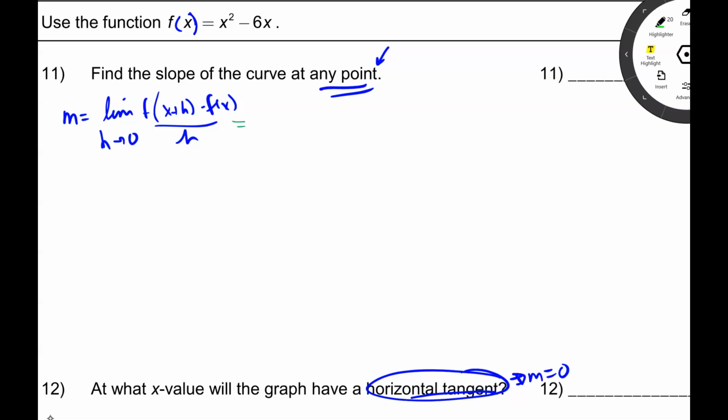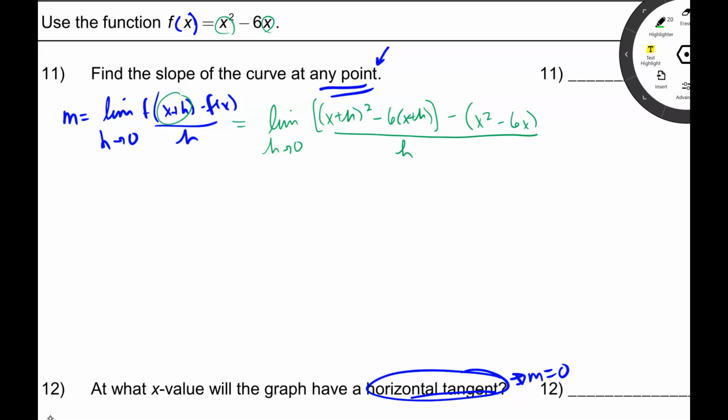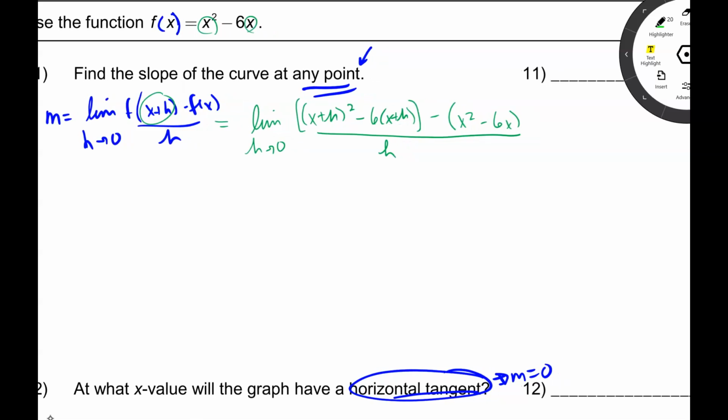We need to plug in x plus h everywhere there's an x. Limit as h approaches 0. So we have x plus h squared minus 6 times x plus h. And there's a reason why I use brackets and parentheses: then you won't forget to distribute your negative, and you'll get the problem correct instead of only getting partial credit.